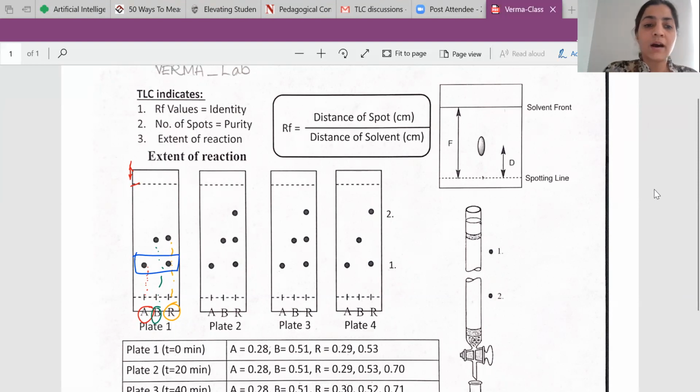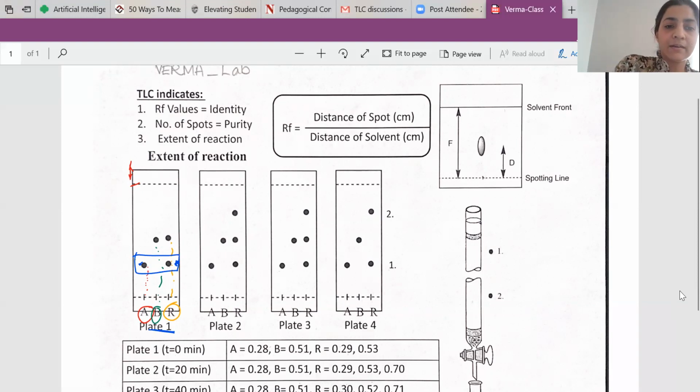So on this plate, the first spot of sample R and the only spot of sample A indicate that both of these are the same compound. They have been identified as the same compounds.